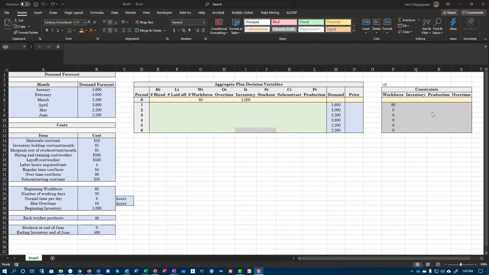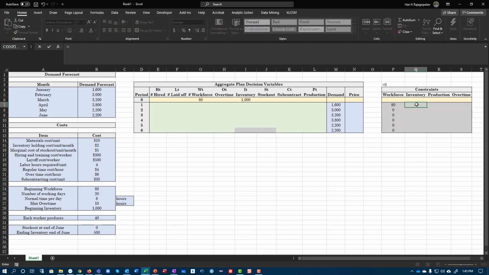So we're going to say I0 minus I1 minus S0 plus S1 plus subcontracting C1 plus production. This value is going to be equal to demand. Or you can put minus demand and say equal to 0, but for this class, let's just make it equal to demand.